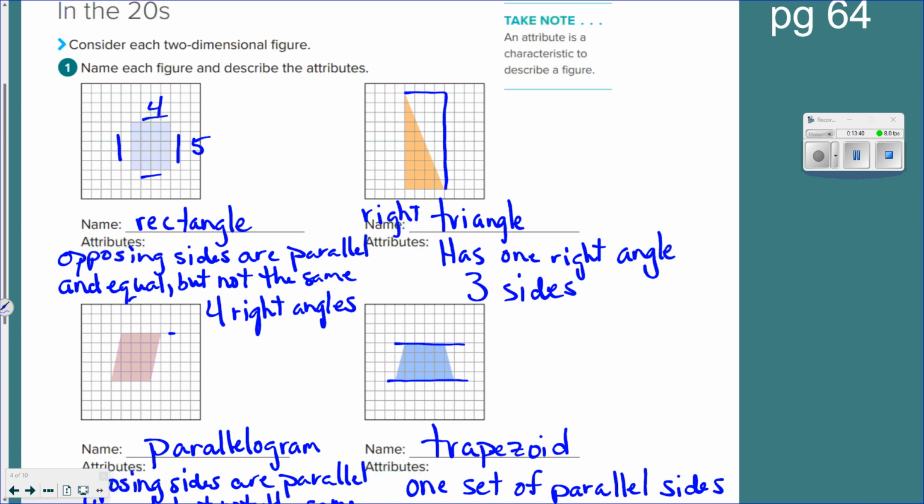A rectangle. How far is this? 4. I count up 1, 2, 3, 4, 5, 6, 7, 8, 9, 10. So on the rectangle, what would that be? 20. The triangle is half of that rectangle. 20. So my area would be 20.